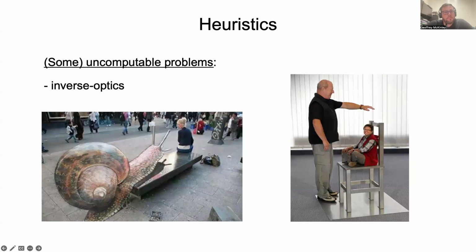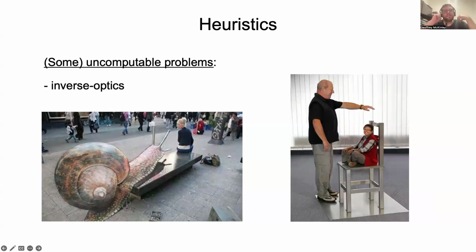And here are some examples of the inverse optics problem. Usually it doesn't really matter. We're pretty good. We probably don't even realize that there's ambiguity because we have such efficient perceptual systems, but sometimes it messes with us, right? These heuristics can fool us.